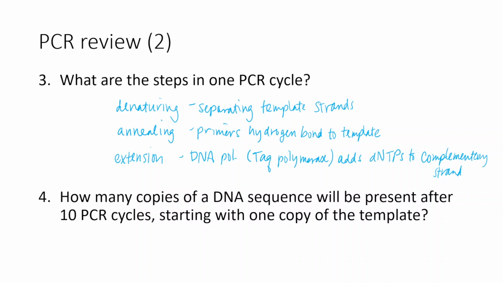So does anybody know how many copies of the DNA sequence we'll have after 10 PCR cycles? Close. Any other guesses or educated guesses? So for every cycle, we double what we started with, right?